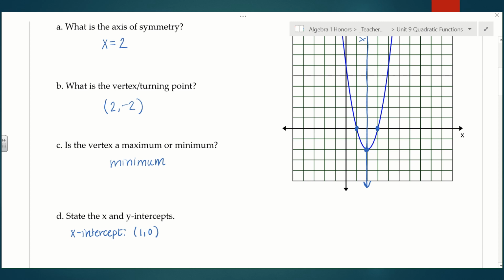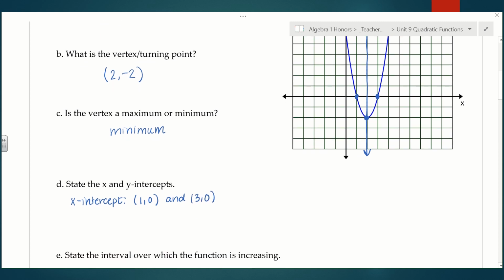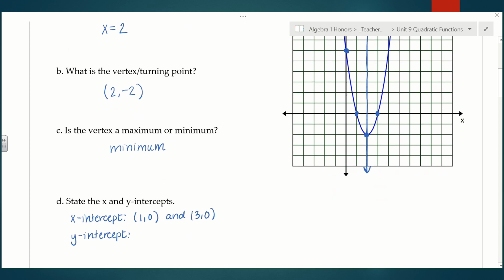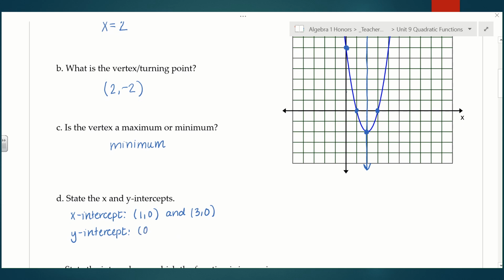But we have another one, and that one is (3, 0). Again, the x-intercept is where that function crosses the x-axis. Now to find the y-intercept, we're going to look for where the function crosses the y-axis, which is right here. 1, 2, 3, 4, 5, 6. So (0, 6) is our y-intercept.